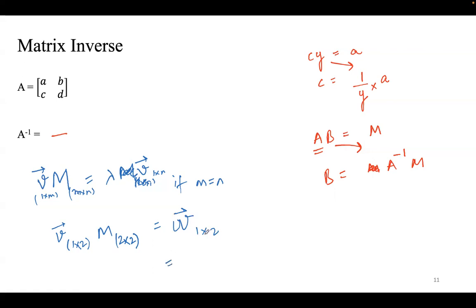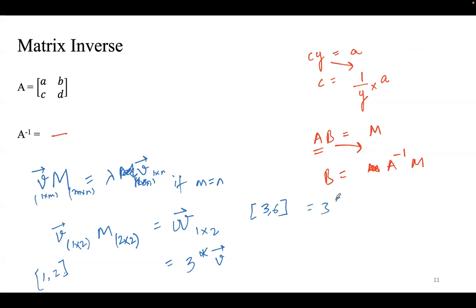Now let's say you are able to write this vector as 3 times the original vector. Let's say the original vector v was 1, 2, right? And let's say w is actually equal to 3, 6. So can you write 3, 6 as 3 times 1, 2? Right?